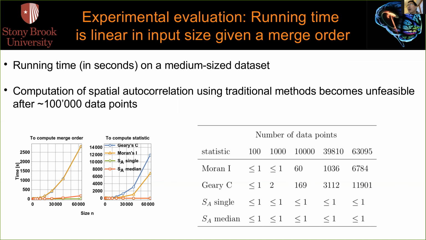And here our metric compares very favorably to Moran's I and Geary's C: all the computations of the statistic given the merge order can be done within 1 second up to some 63,000 data points for our metric. For Geary and Moran, it can take from 2 to almost 4 hours to compute. That's the difference between the quadratic complexity of Geary's C and the linear complexity of our metric.